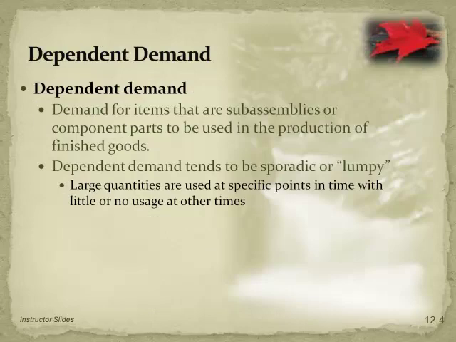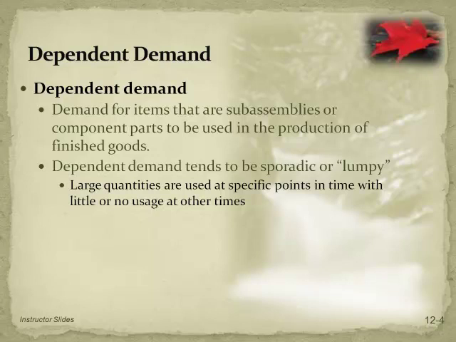Now, there were a couple of things that really enabled Orlicki to have a breakthrough in the way that material planning was performed up until this time. One of the breakthroughs was that he realized that there were essentially two types of demand. One type of demand is shown on this slide.